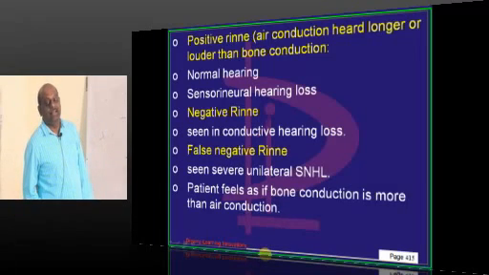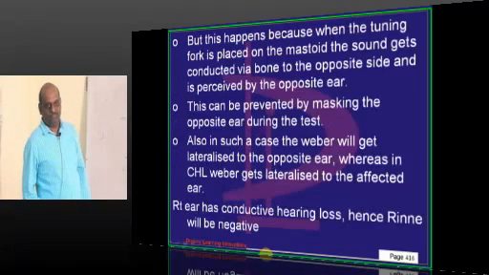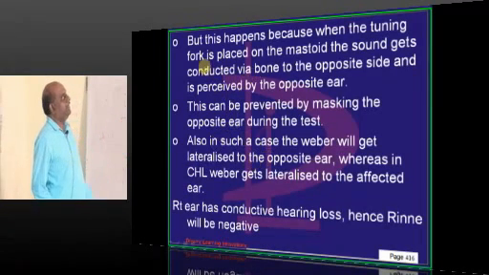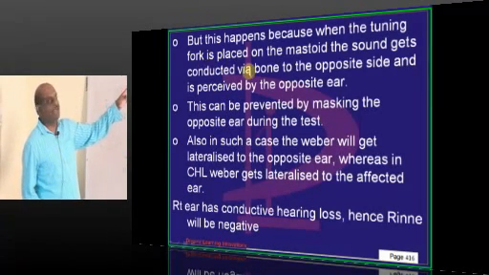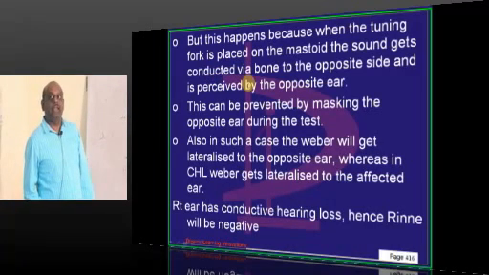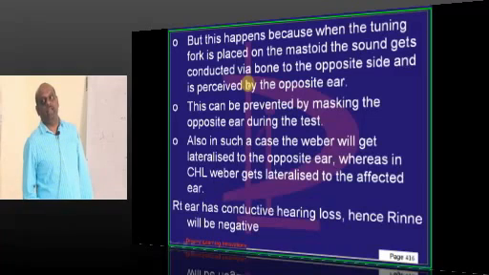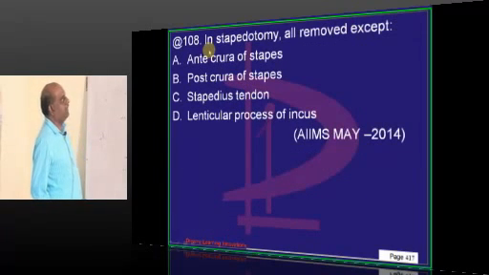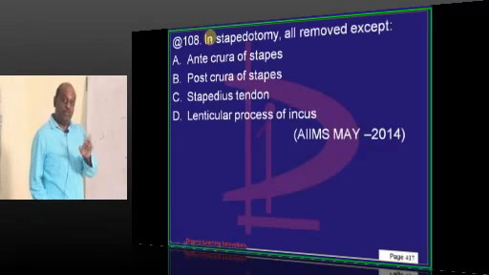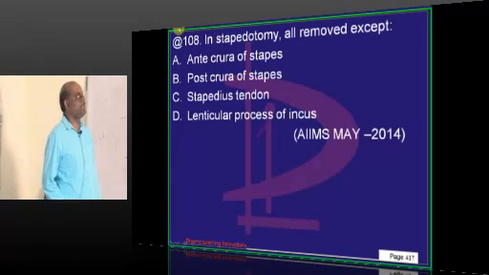But how will you identify that? If you do the Weber, lateralization of the Weber will help you. Typically, the lateralization of the Weber will occur to the opposite side in case of false negative Rinne is what you need to basically remember. I mean, false negative Rinne is the wrong word. False Rinne negative. That's the point.